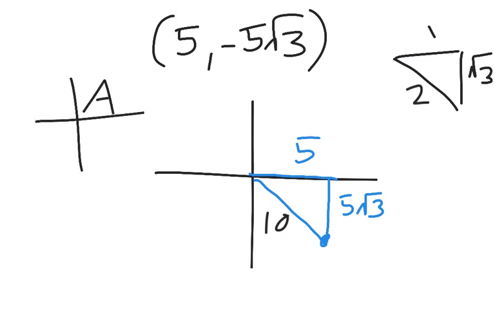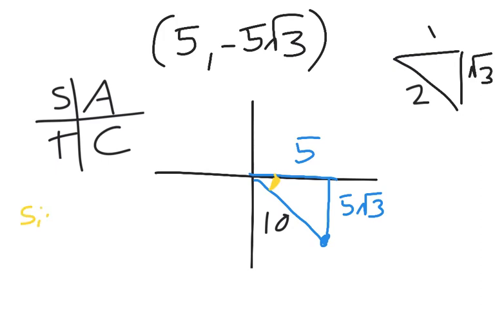Now, because I am in the fourth quadrant, only cosine and its reciprocal are positive. So I have to keep that in mind as I'm working this out. So here's my central angle. This is the alpha that we're looking for.